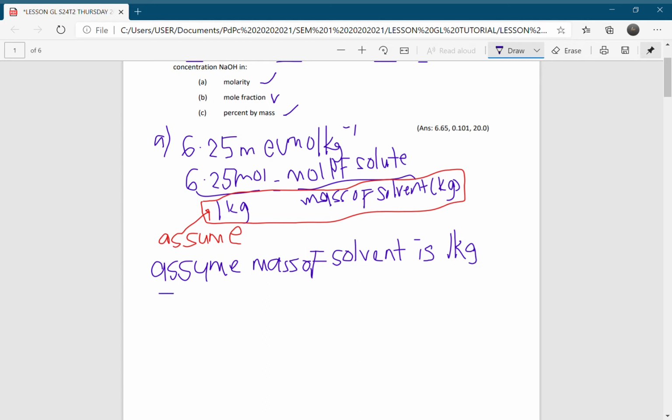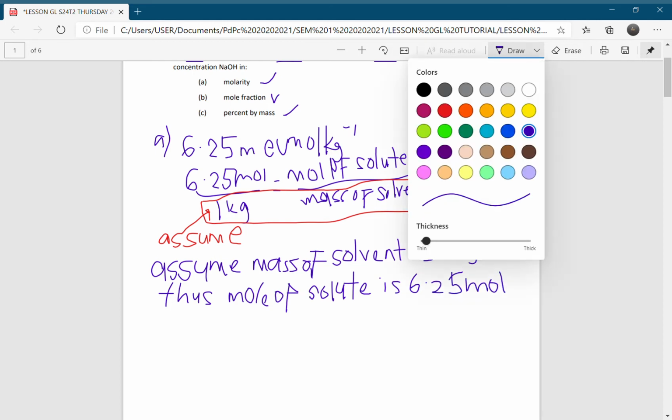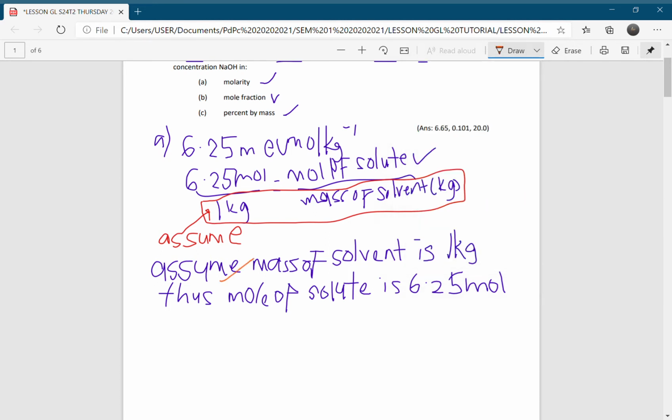Therefore, we can find new information: mole of solute is 6.25 mole. If you write this statement, basically you can get 1 mark for the term assumption.